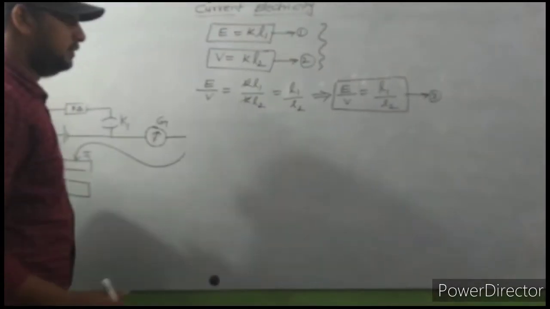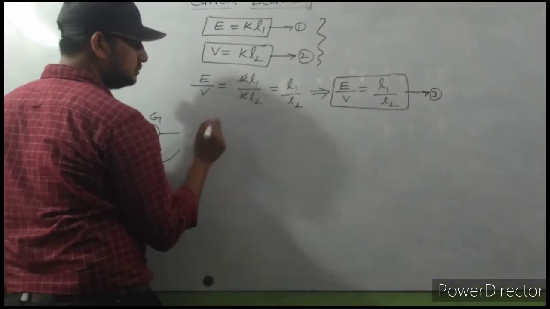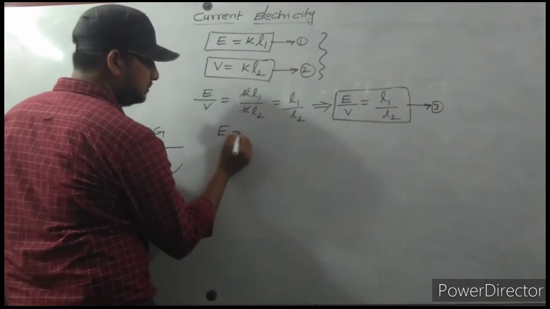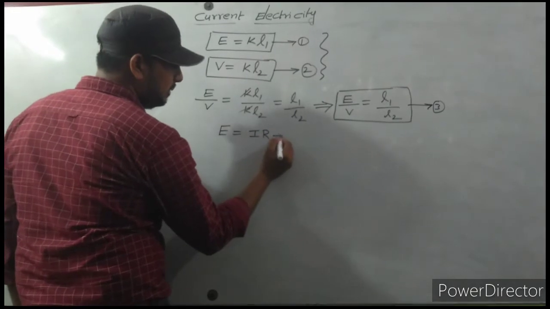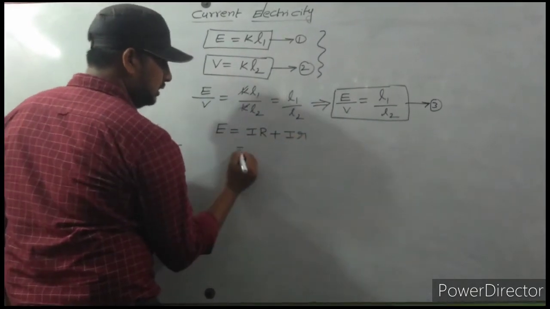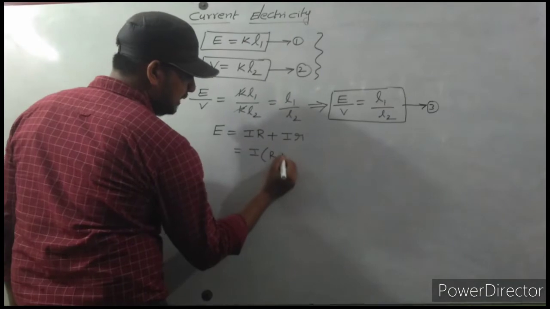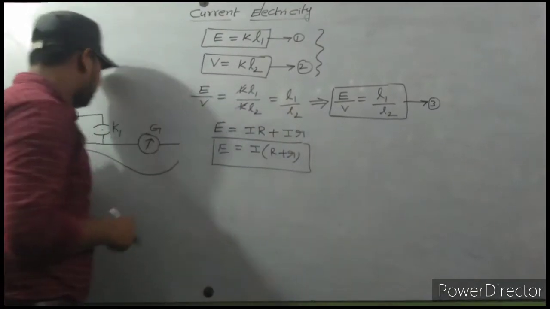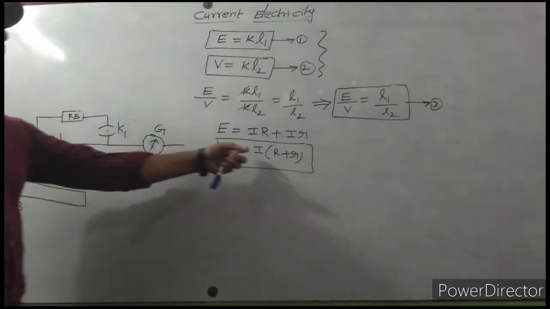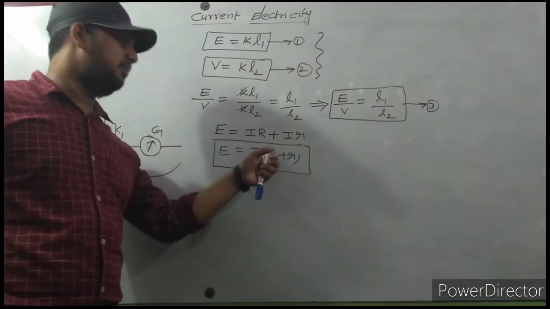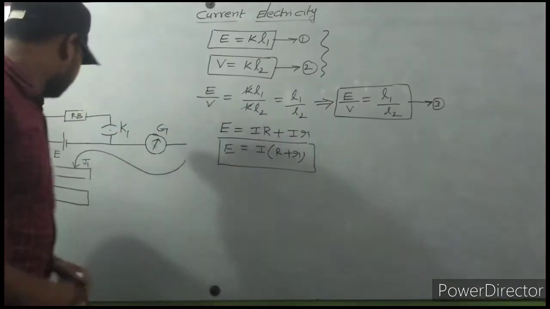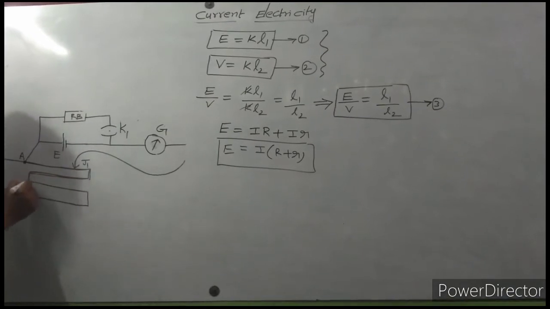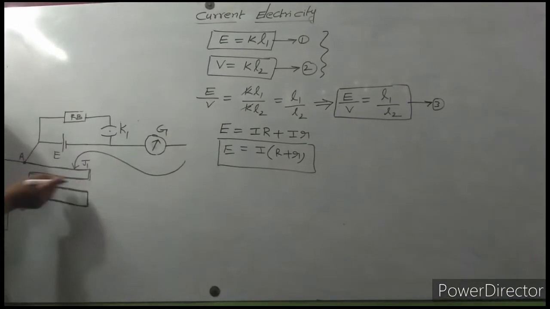Now observe carefully. E is nothing but I into capital R plus I into small r. That means I into (R plus r) is nothing but E, the EMF of the cell. Capital R means external resistance. For example, this potentiometer wire should contain some resistance.